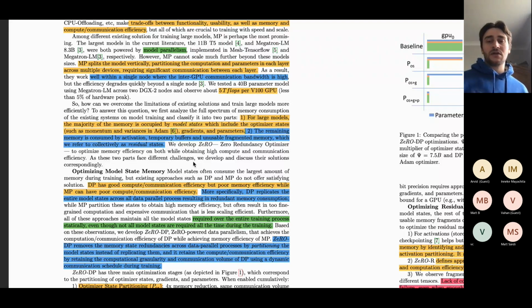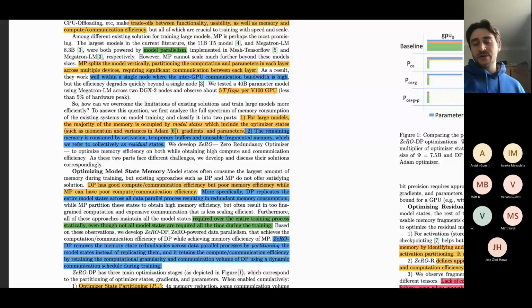And for model parallelism, you get low memory usage, but high communication and longer training times.